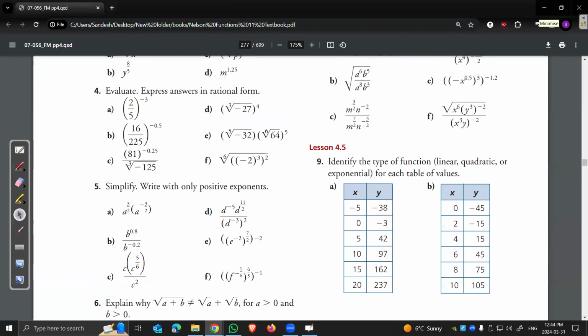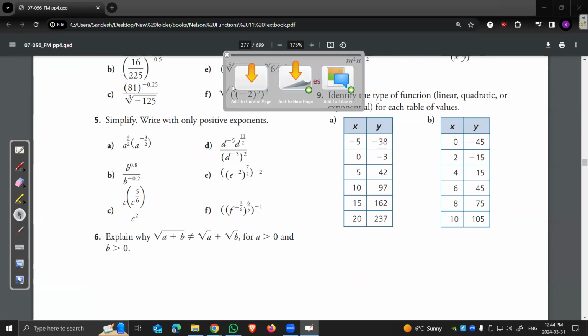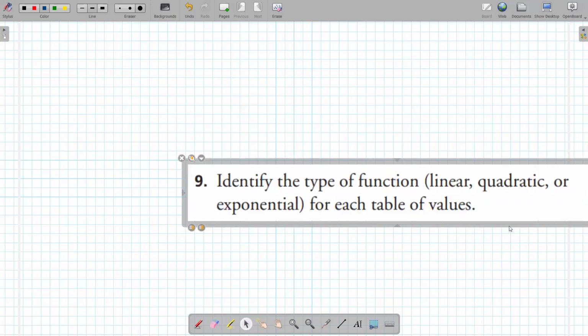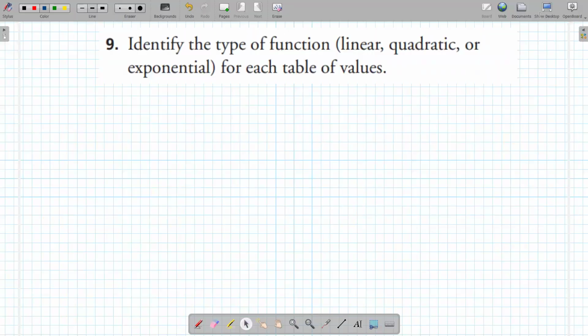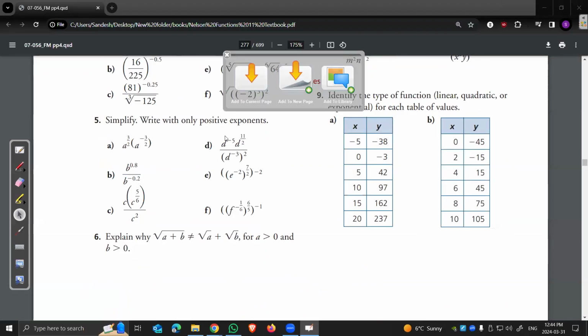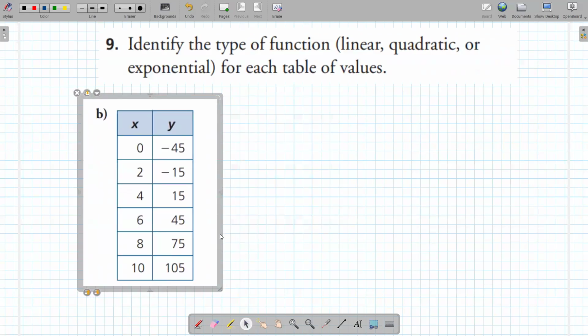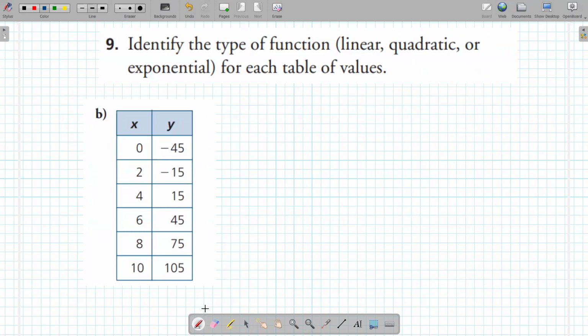I'm not going to spend too much time on this. I'll just do maybe one of these, because it just kind of came up here. It says, identify the type of function for each table of values.